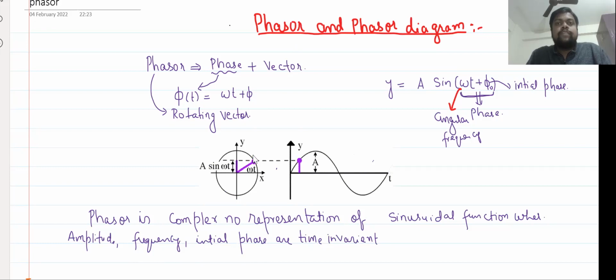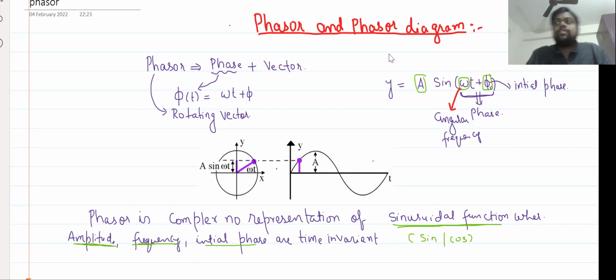So basically in phasor we are going to represent this sinusoidal function, that means function of sine or cos function, both are having sinusoidal shape. And in that phasor diagram, these three quantities: amplitude, angular frequency, and initial phase, all three will be time invariant.